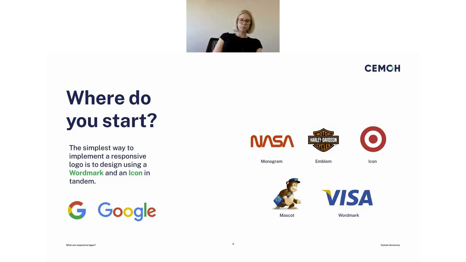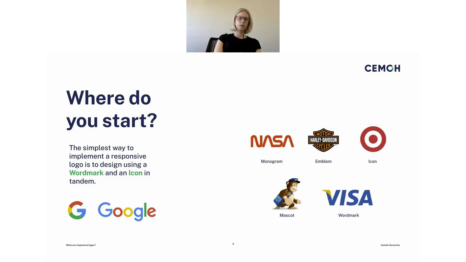in tandem. So on the right-hand side here, I've listed out some of the common types of logos that you'll generally come across. And on the left, I've got an example here of Google's latest logo update, which is just this really basic, I think it might even be Futura, an updated, slightly tweaked version of Futura and an icon sitting right next to each other.